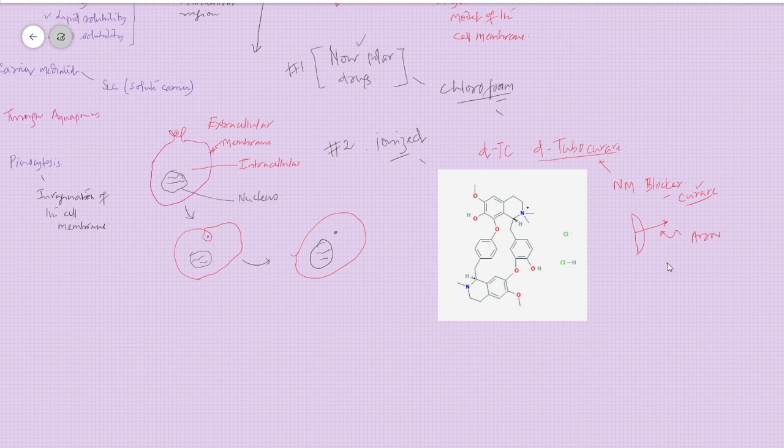So suppose there is a deer here. Just imagine that this deer has been wounded by the arrow. What happens is this curare gets into the blood of the animal, and then it paralyzes the skeletal muscles.